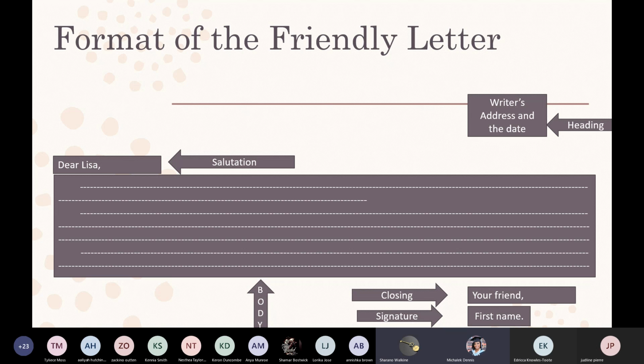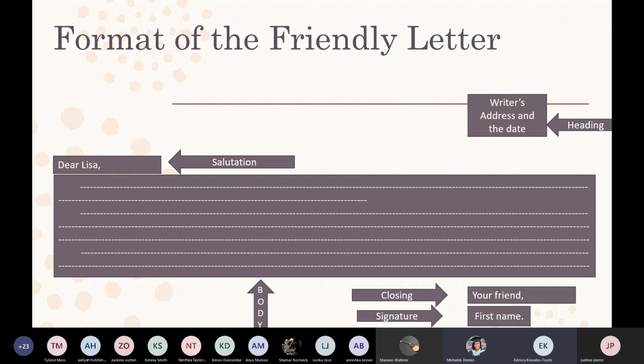So it's at the top right of your page. Then we have the greeting, which goes on your left, at least a line or two lines under your heading on the left-hand side. Okay, so that's there, Lisa.